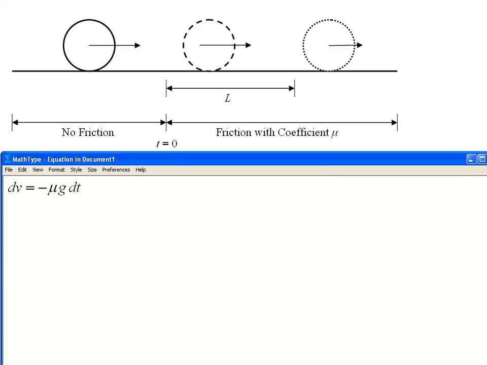Now we can integrate each side. The dv we're going to integrate from v0 to v final. And on the right side we're going to integrate from 0 to t.